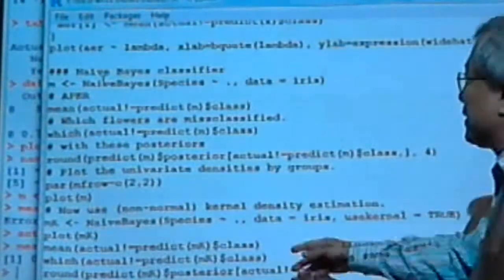So now we have to continue on this. We have naive Bayes, right? Now, based on this naive Bayes model, we want to see what flowers have been misidentified.